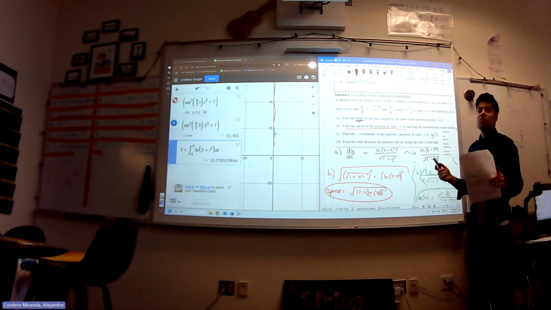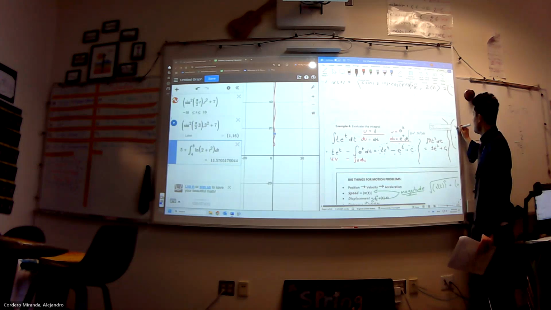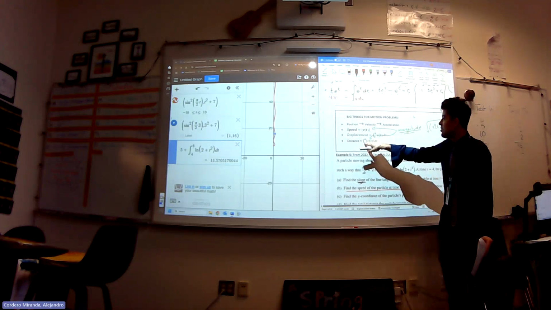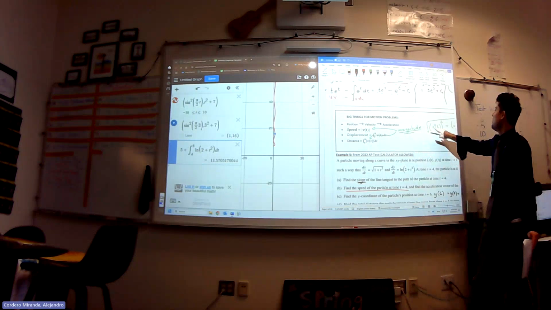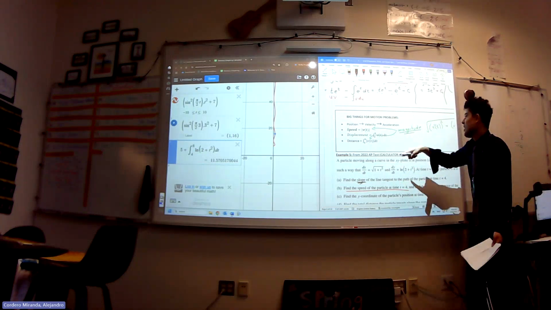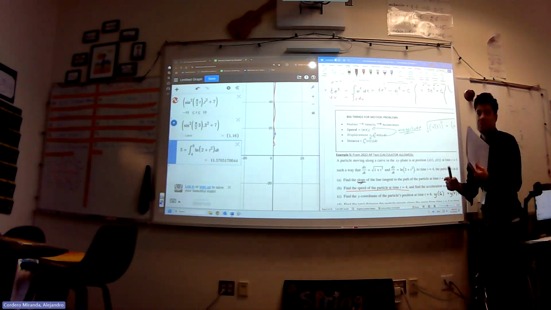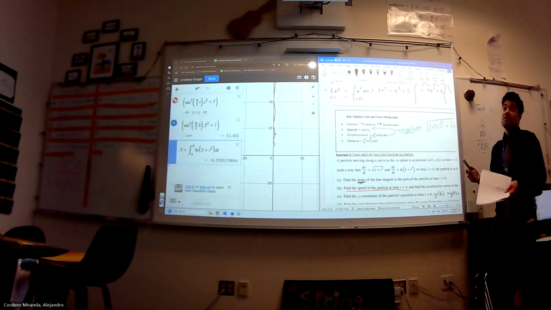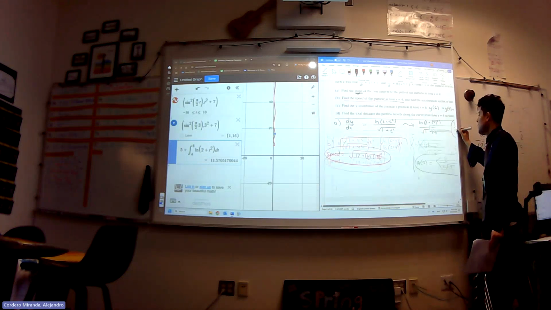So don't take 2 of them, because absolute value means the magnitude. There it is, I wrote it. The magnitude of the velocity function, which was the square root of the x component squared plus the y component squared. That's really just one big ugly integral, but it should look kind of familiar.